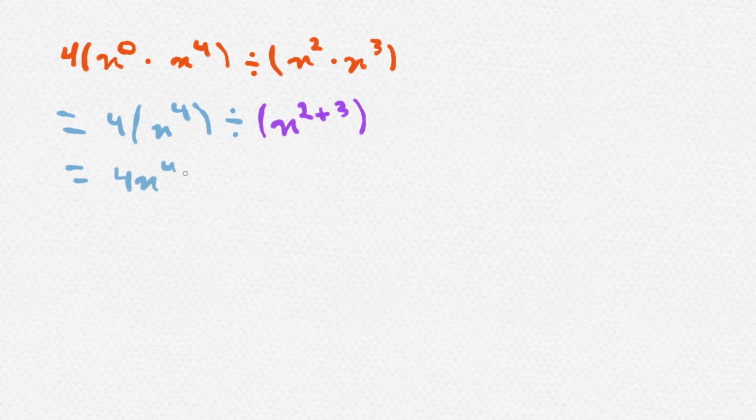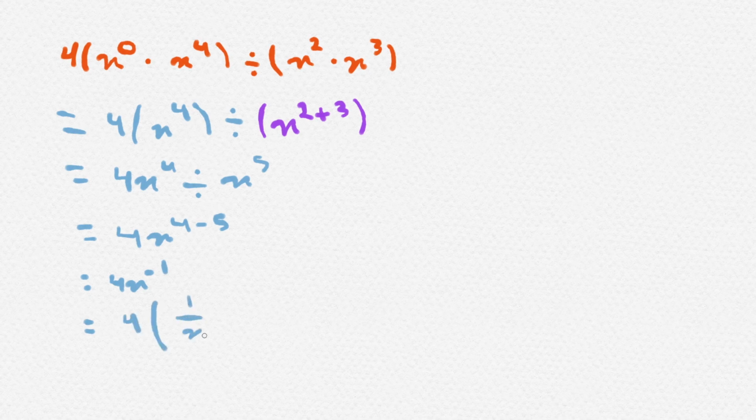Now, 4x to the power of 4 divided by x to the power of 2 plus 3, which is 5. So we can simply write 4x to the power of 4 minus 5. This will give you an answer of 4x to the power of minus 1. So 4(1 over x). Now we can simplify this as 4 over x, which will be your final answer.